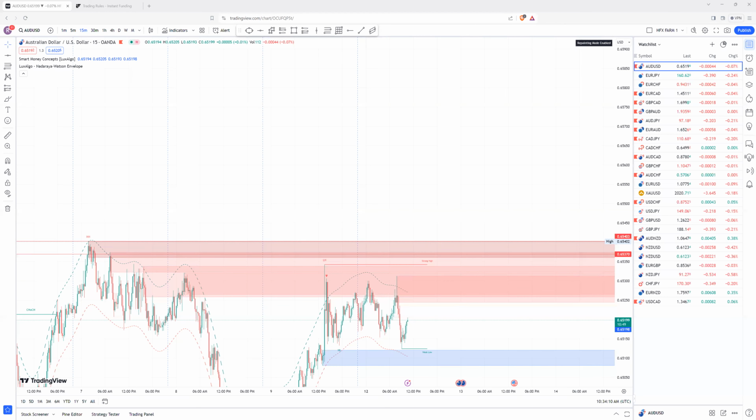Sell AUD/USD at 0.65370 and 0.65403 for 15 minutes. So that's our sell entry for AUD/USD.